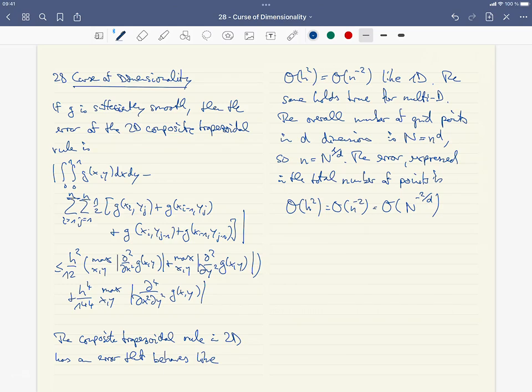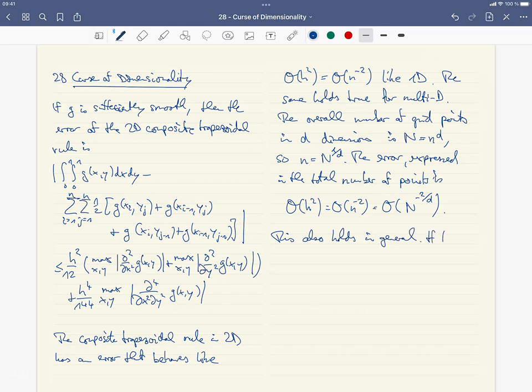And well, I've shown this to you for the composite trapezoidal rule. There's no reason why this should be different for any other quadrature rule. It has a certain 1D error, and then to make it a 2D quadrature rule, I integrate over this error, and this error stays the same. So this also holds in general.